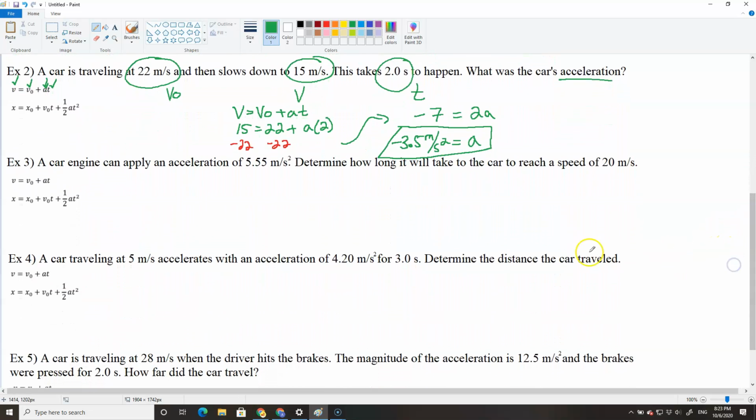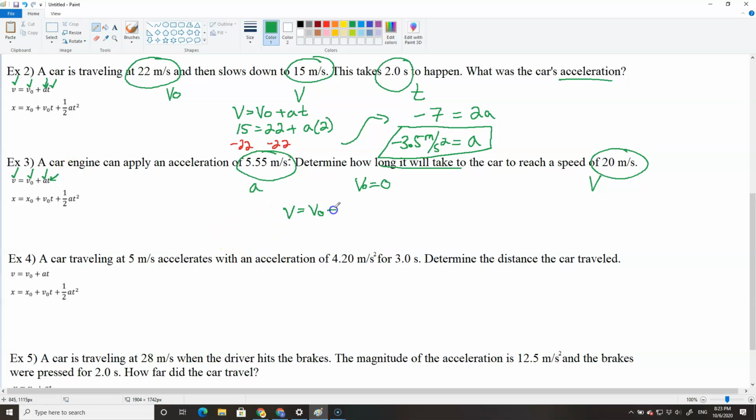Moving on to number 3. A car engine can apply an acceleration of 5.55. How long does it take a car to reach a speed of 20? So how long would it take to reach the speed? Your v initial will be 0, assuming we're starting from rest. I have v, v initial, acceleration. I can now find time.